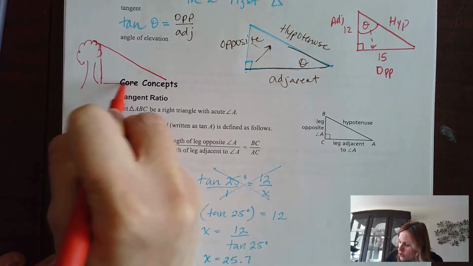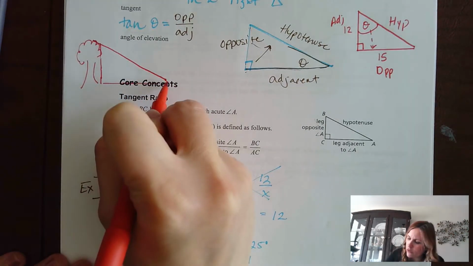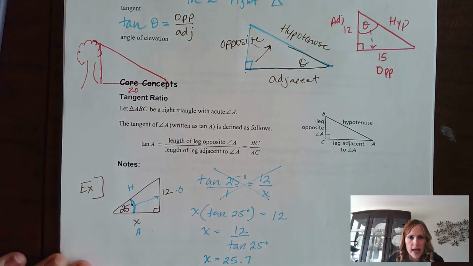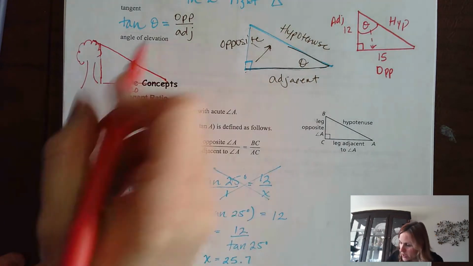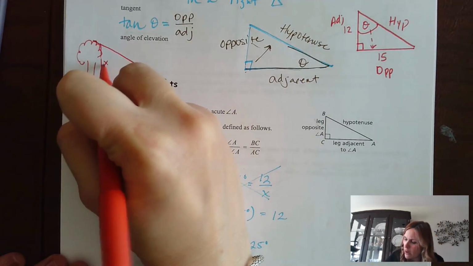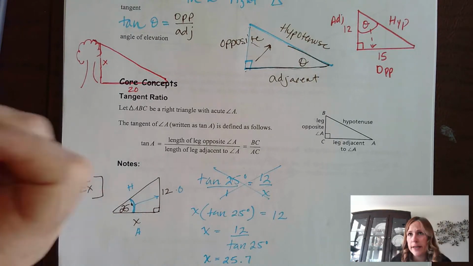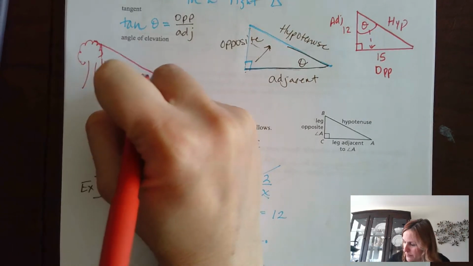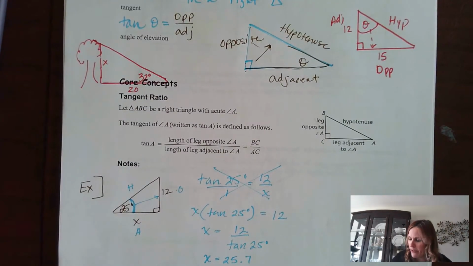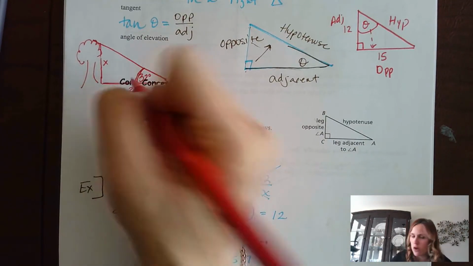Say the string is 20 meters long, and you want to figure out the height of the tree. A lot of times in a story problem they'll say the angle of elevation to the top of the tree is 32 degrees, for example. That's what we're referring to here; this is your angle of elevation.